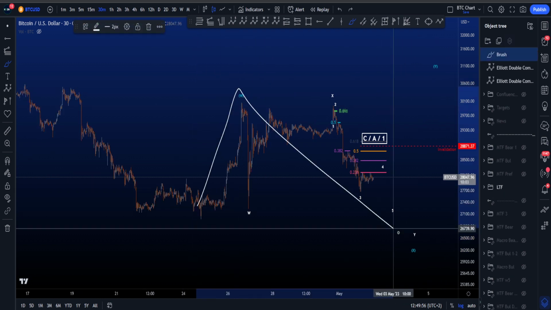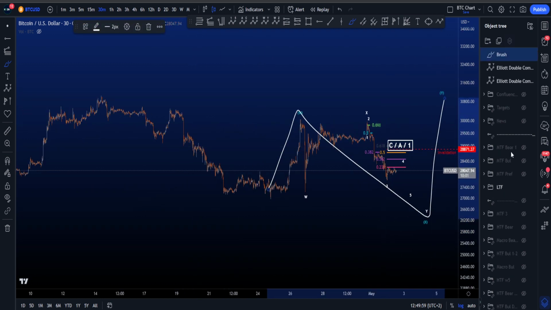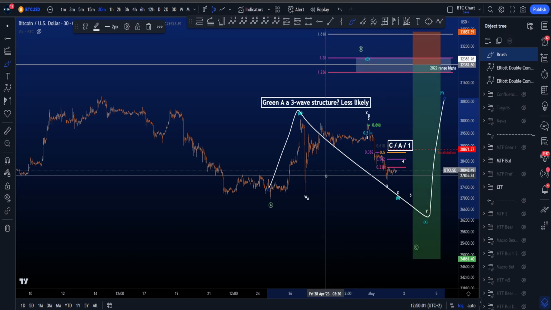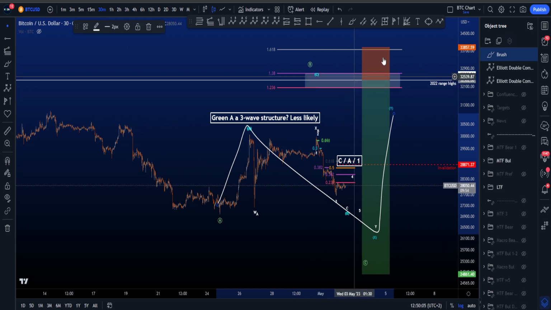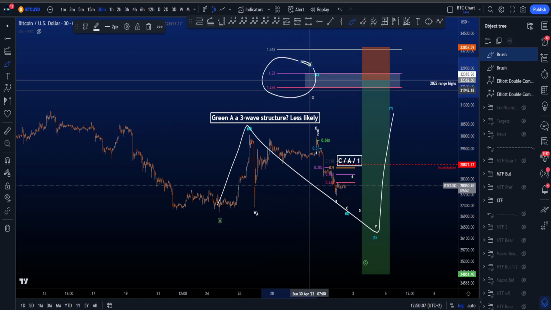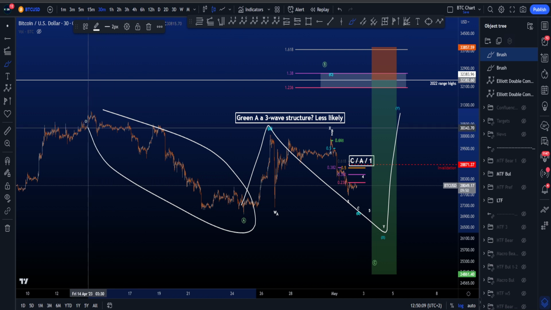Now, if this then is a WXY, then we also expect the other scenario I have over here, which is basically price potentially going for an expanding flat idea, with this over here being a three-wave structure.